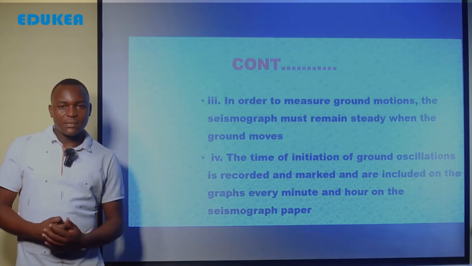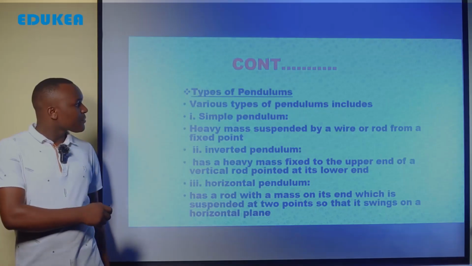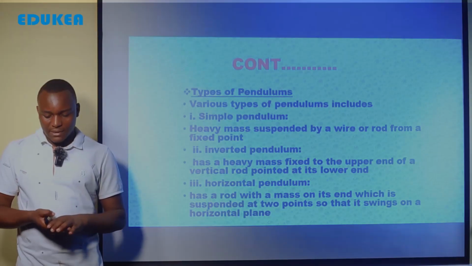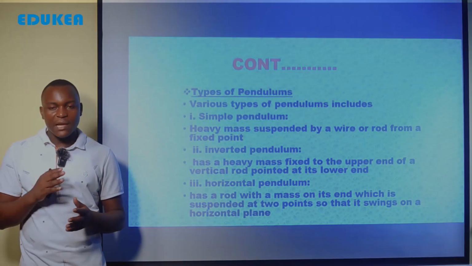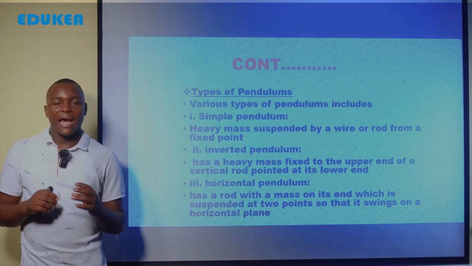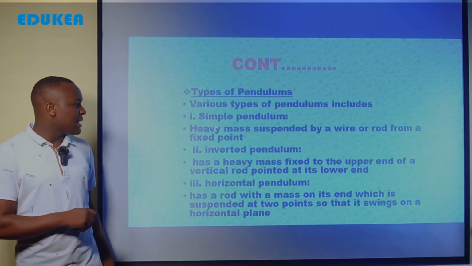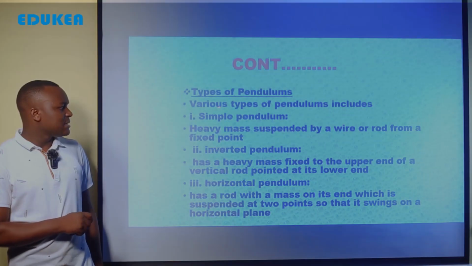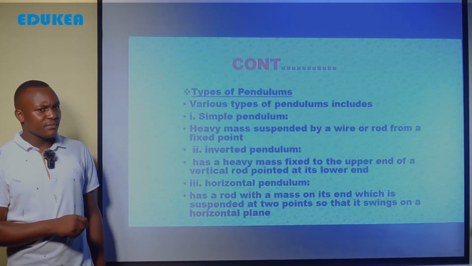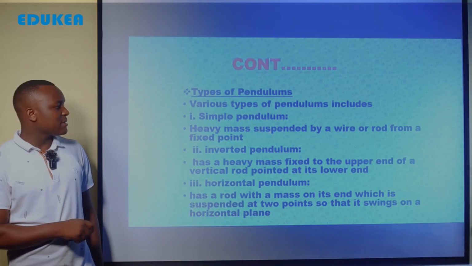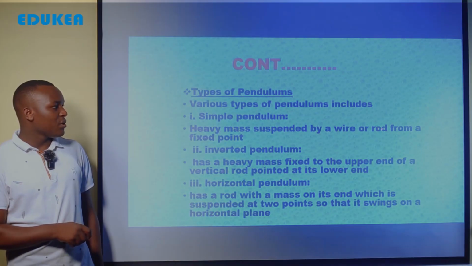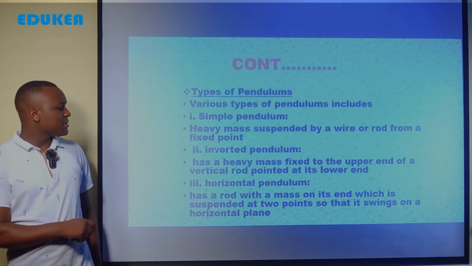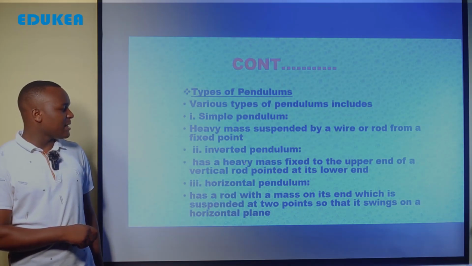Now let's look at the types of pendulum. Aina za pendulum. We say various types of pendulum include the simple pendulum. We say that a simple pendulum is a mass suspended by a wire or rod from a fixed point. But also we say an inverted pendulum has a heavy mass fixed to the upper end of a vertical rod pivoted at its lower end.